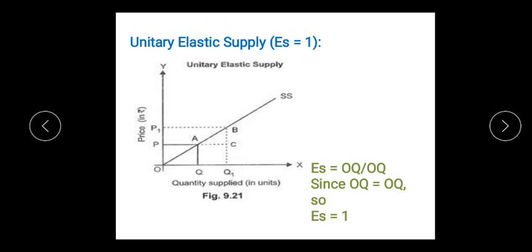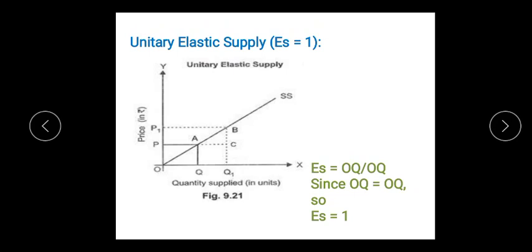As we know, elasticity of supply at point A can be calculated as intercept on the x-axis divided by initial quantity supplied. In figure given in this slide, supply curve SS when extended meets the x-axis exactly at the point of origin, so that both the intercept on the x-axis and initial quantity supplied are same.